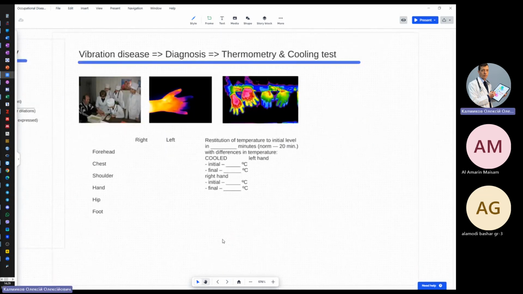The other approach to detect possible changes in hands of the person with vibration disease, not only hands, for instance, it is illustrated mostly on hands, but this may be from side of lower extremities as well, from feet, is thermometry itself or thermography and a functional test with cooling. We name it simply the cooling test.